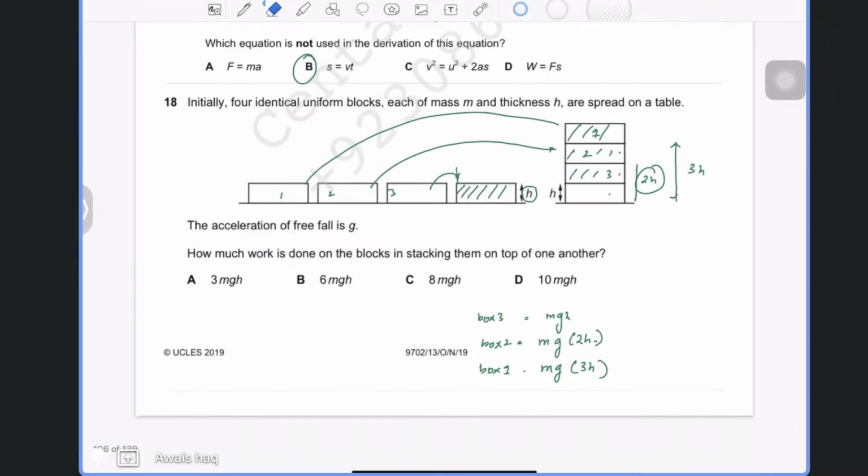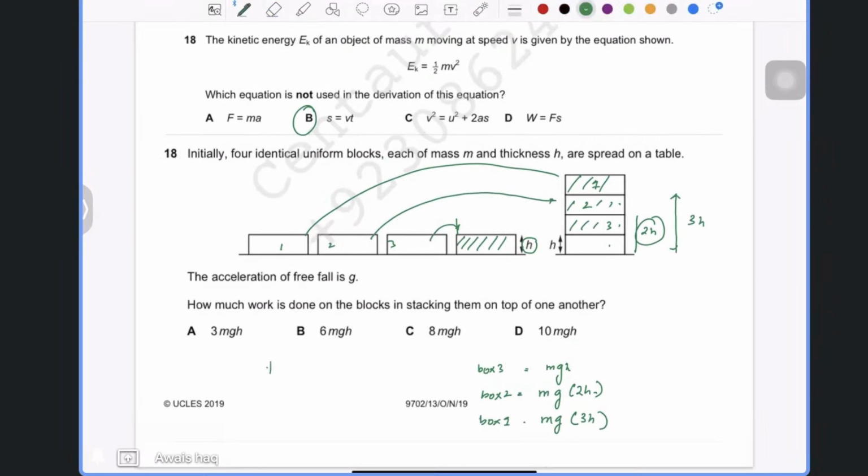So the total work done, this seems easy, but it's not. It's going to be mgh plus 2mgh plus 3mgh. So I think it's going to be 6mgh. Where is the answer? B. All right, is it clear?